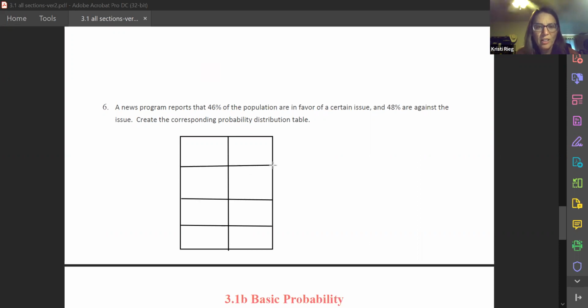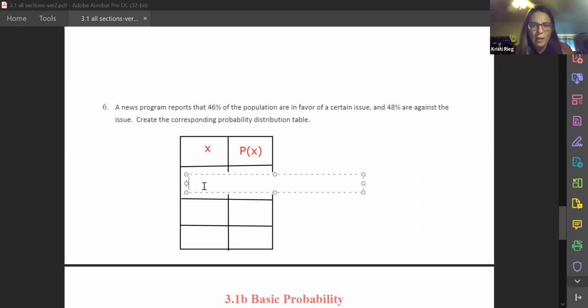Okay, so probability distributions usually have 2 columns, the topic and then the probability. And so here we call X the topic. That's just shorthand. And then probability of X, P of X, is the probability. So our topics, I can't make my font smaller.